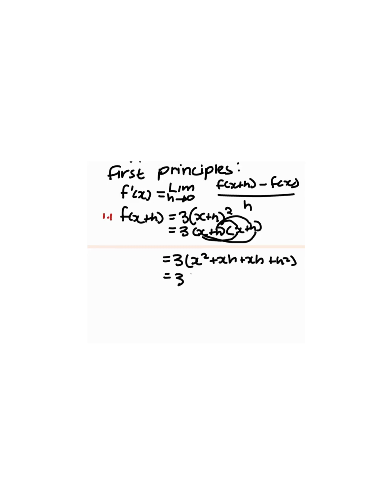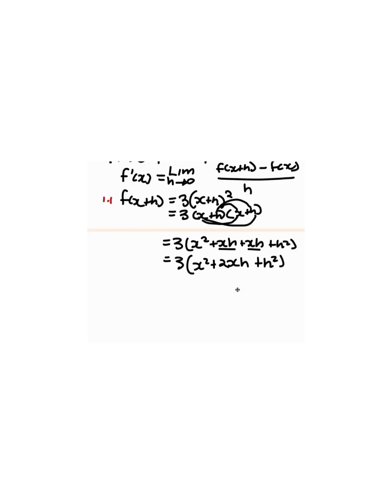And then now we have 3 times x squared plus 2xh plus h squared. Then we remove the bracket, meaning we distribute the 3 inside. 3 times x squared is 3x squared, 3 times 2xh is 6xh, and 3 times h squared is 3h squared. So that is our f at x plus h.